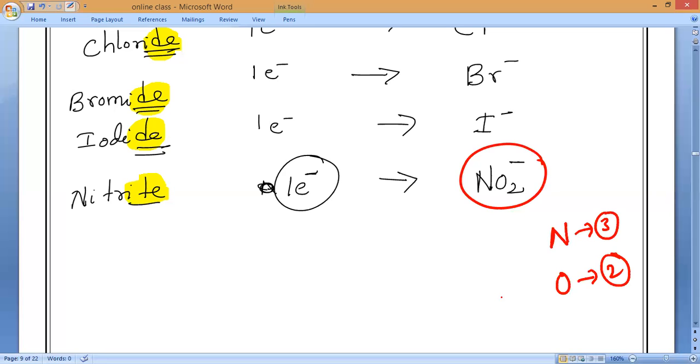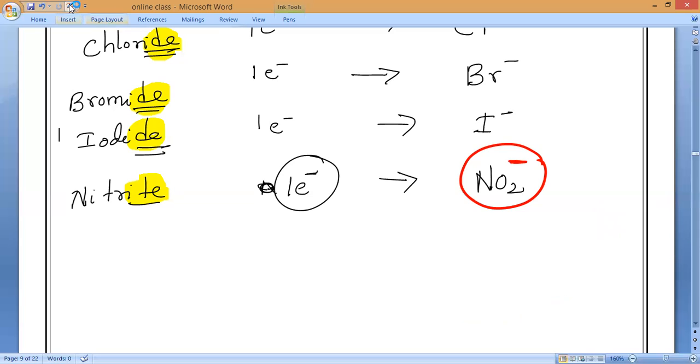So one nitrogen reacts with one oxygen so that 2 electrons are shared. But for the remaining oxygen only 1 electron is shared, because nitrogen already has 3 and oxygen needs 1 more electron to become stable in nature. That is why it will gain how many electrons? 1 electron. That is what ITE.